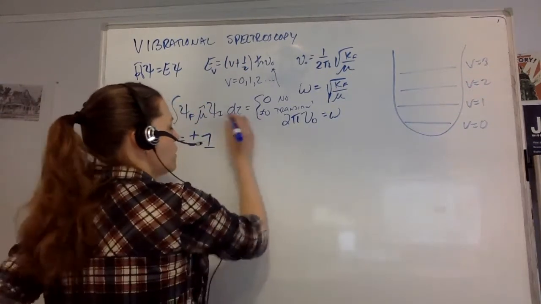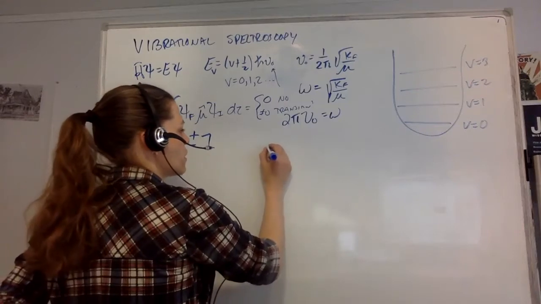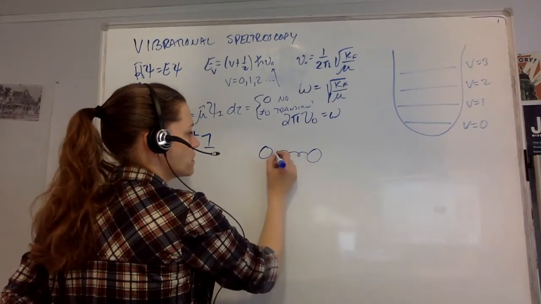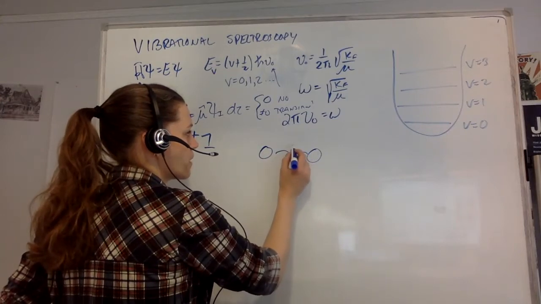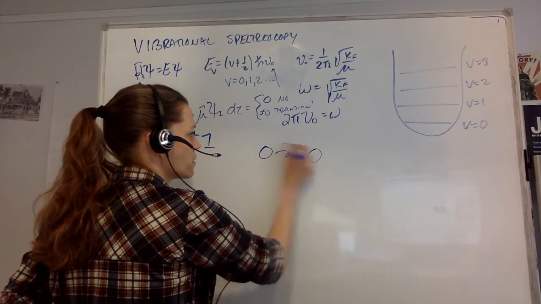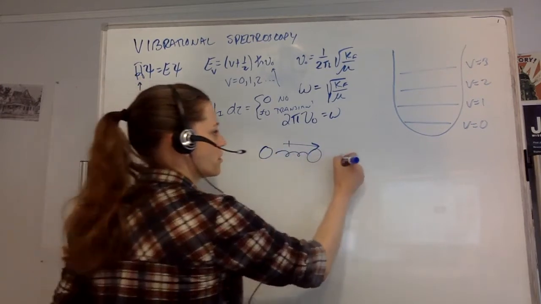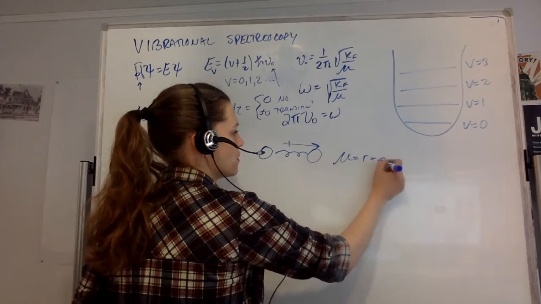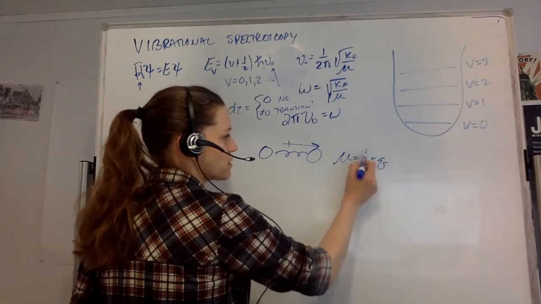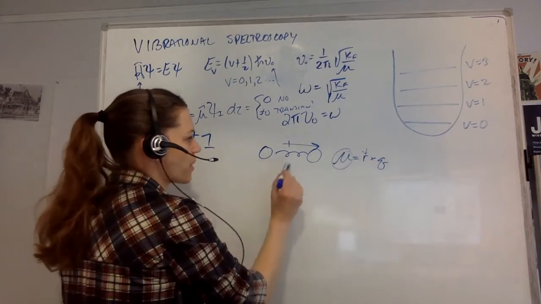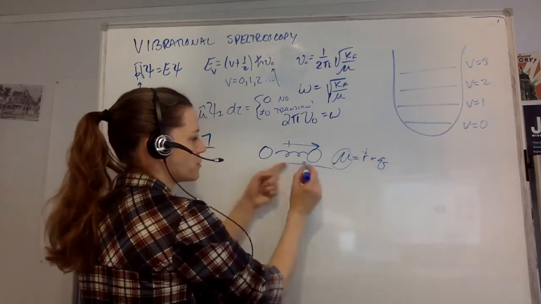So here, that transition dipole moment, if I have a dipole, say, and let's draw it that way. As it's oscillating, you're changing the distance here, so you're changing the magnitude of your dipole moment. As this is oscillating back and forth, it gets longer and shorter and longer and shorter.